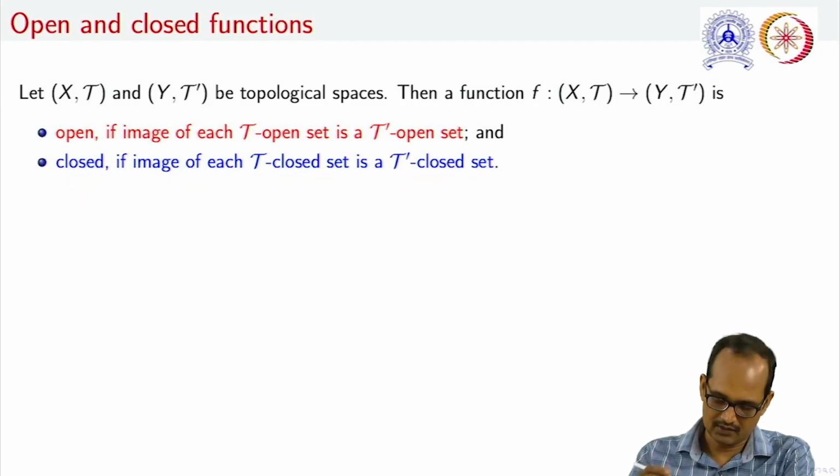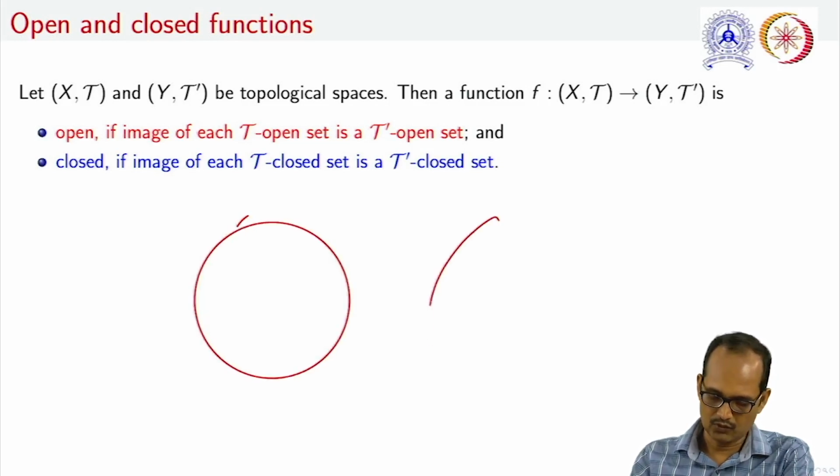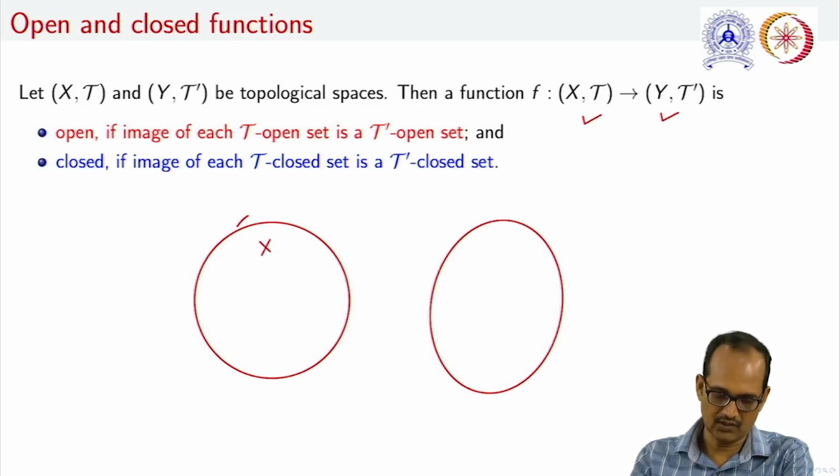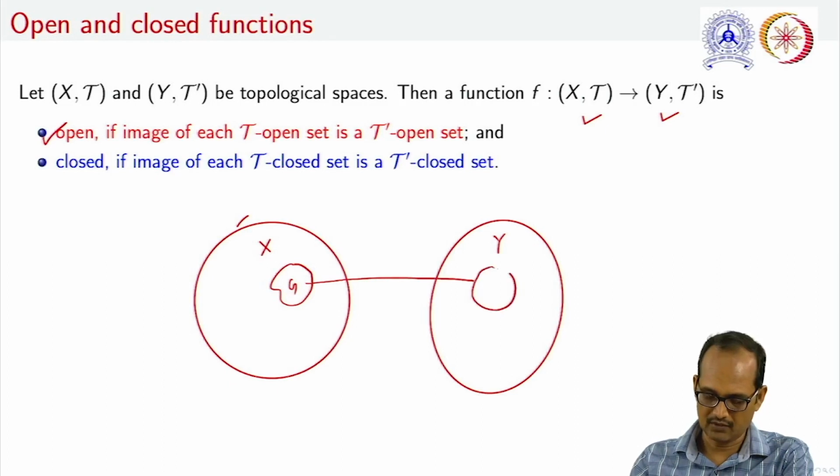What exactly does this mean? If we have two topological spaces, (X, tau) and (Y, tau dash), let us take that this is X and this is Y. The function is open means if we take any open set here, if G is open, we find its image and the image should also be open.